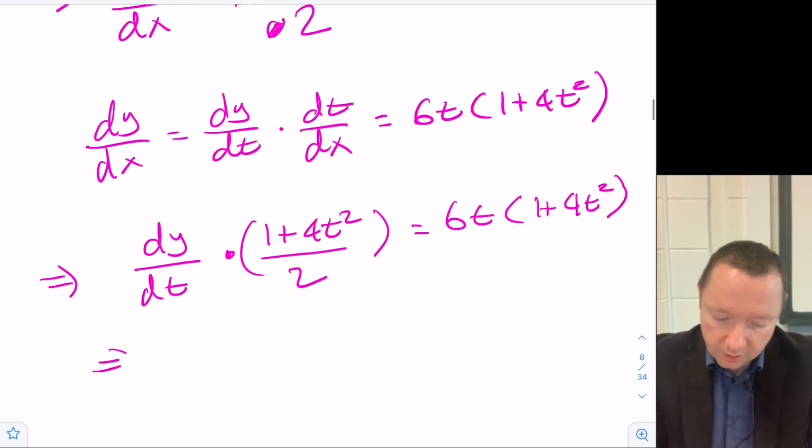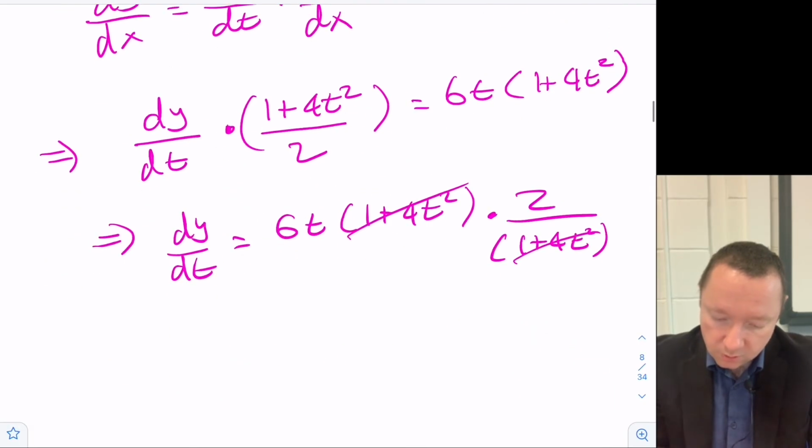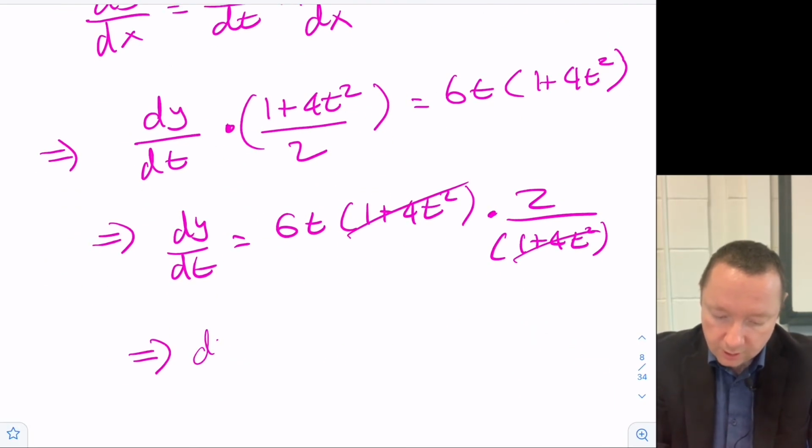So we can imply that dy by dt is simply 6t over 1 plus 4t squared. Dividing by a fraction is the same as times by its reciprocal, so 2 over 1 plus 4t squared. And you should be able to see that these cancel, and therefore dy by dt is just 12t.